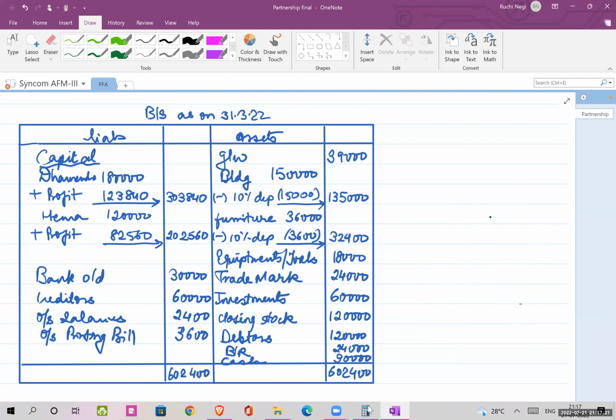So see, I've added the profits here. If you can see, in opening capital I have added the profits and then taken it in the outer column. Okay. Bank OD 1 effect, creditors 1 effect, and this is the second effect of salaries, outstanding salary, and this is the second effect of outstanding printing and stationery. Okay.